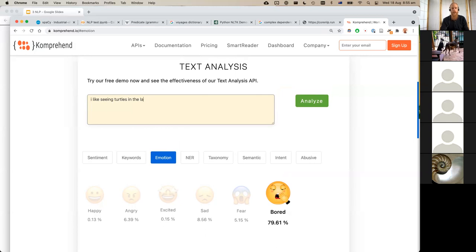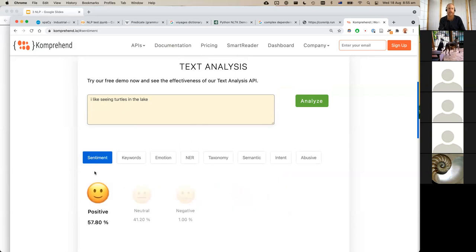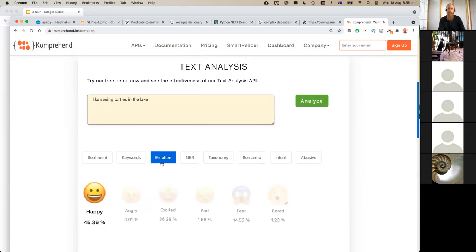Let's try a sentence. "I like seeing turtles in the lake." That gives me a happy score. Oh, not even 50% happy. So yeah, generally positive, makes me happy.